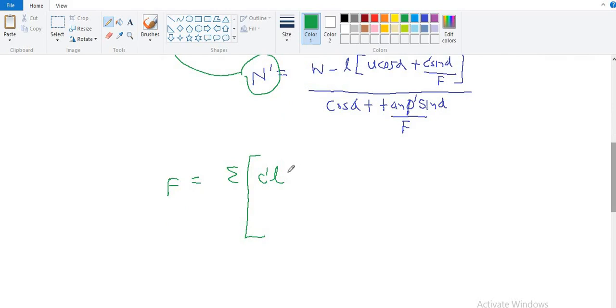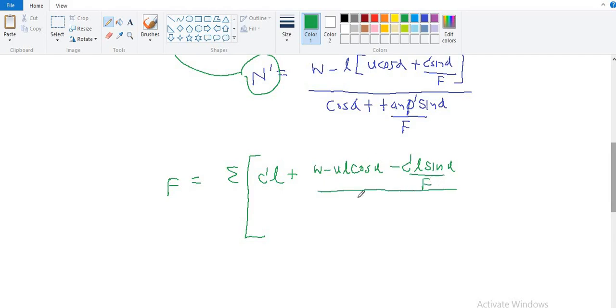So plus minus UL cos alpha. I'm going to get rid of these brackets, right? UL cos alpha minus E dash L sin alpha divided by A, right?